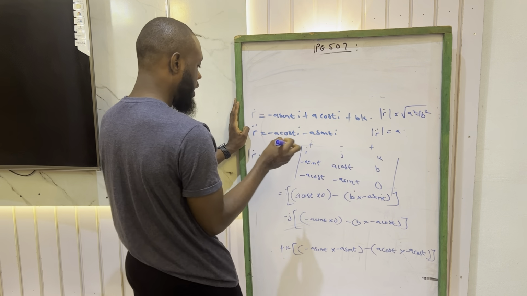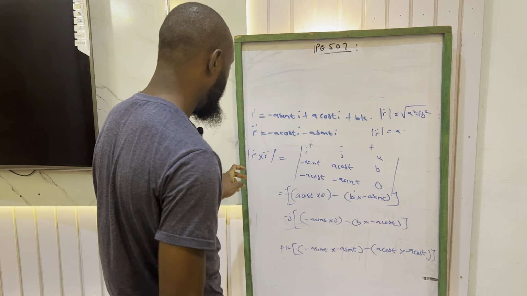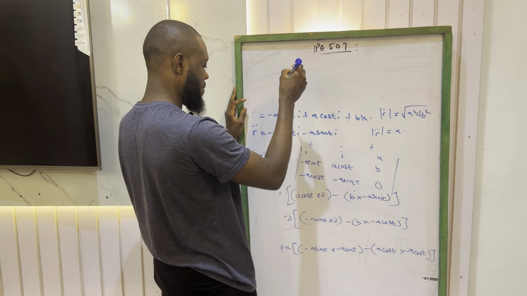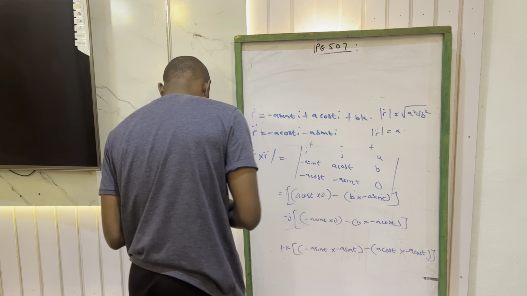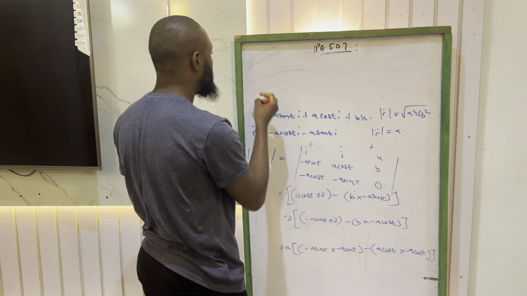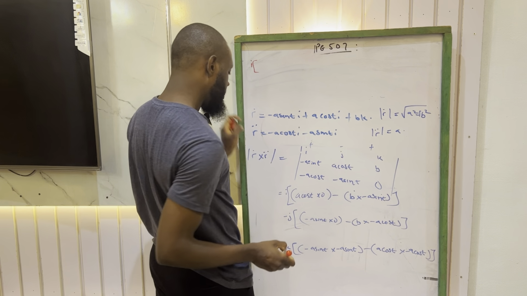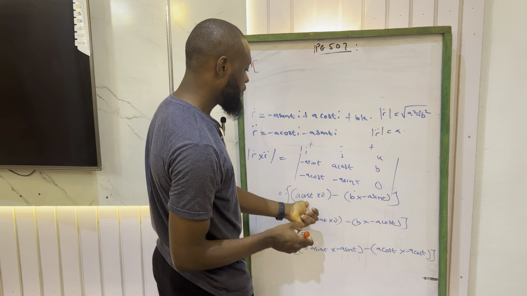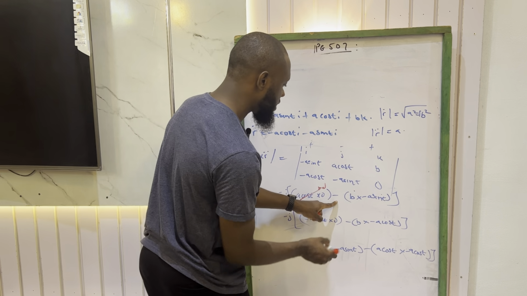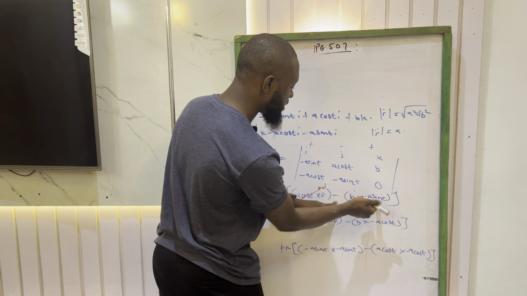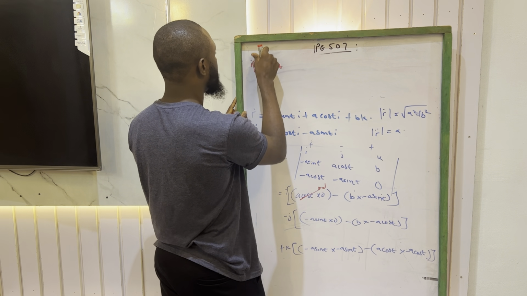So we can say i open bracket, a cos t times 0, this is 0. Then we have minus here. So this gives us 0. We have a negative sign here. This gives us minus ab sin t. So minus times minus here we have plus. That's ab sin t.